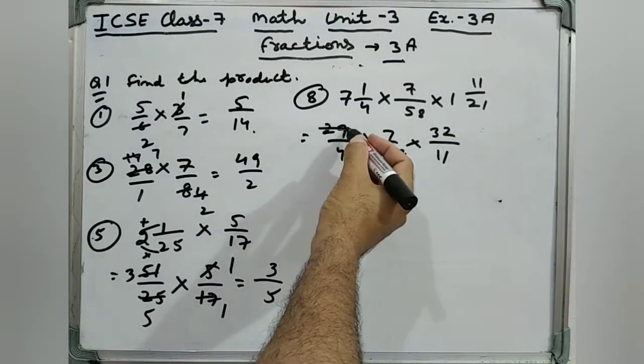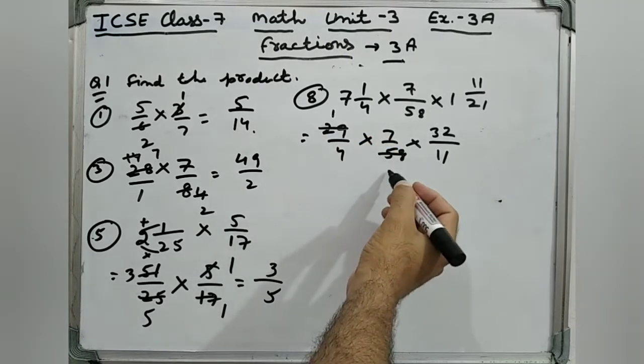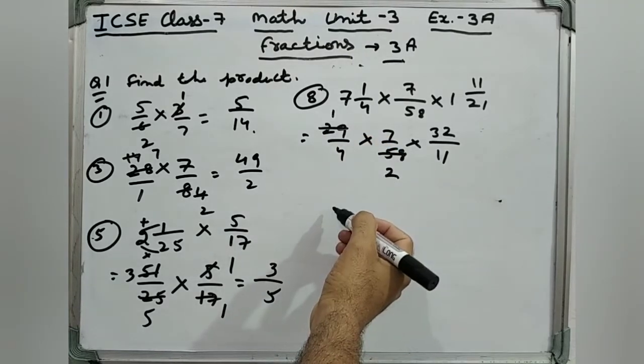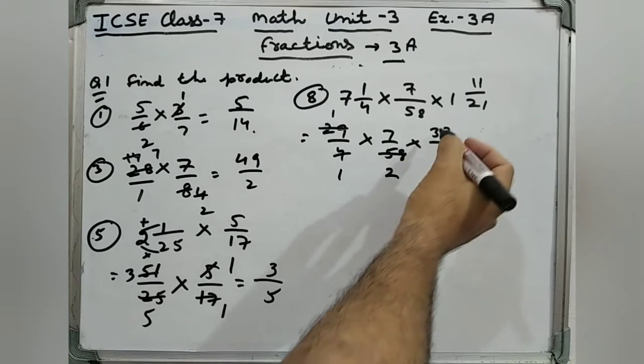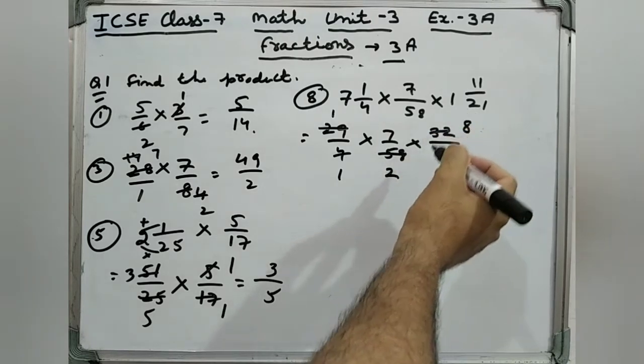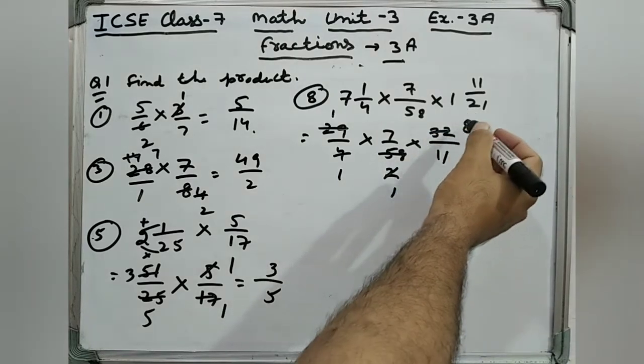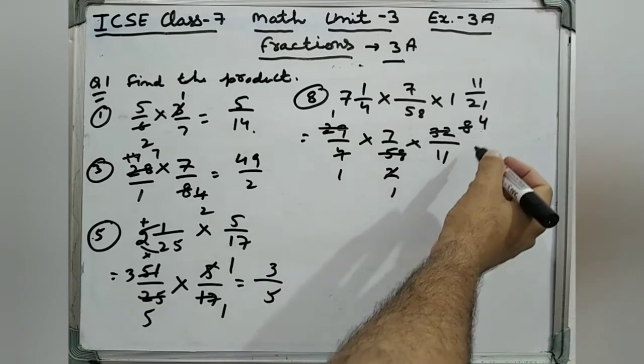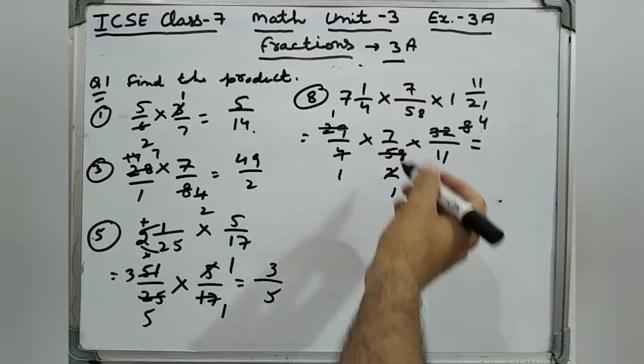Now 29 1s are 29, 29 2s are 58, 4 1s are 4, 4 8s are 32, 2 1s are 2, 2 4s are 8. Now no more simple.